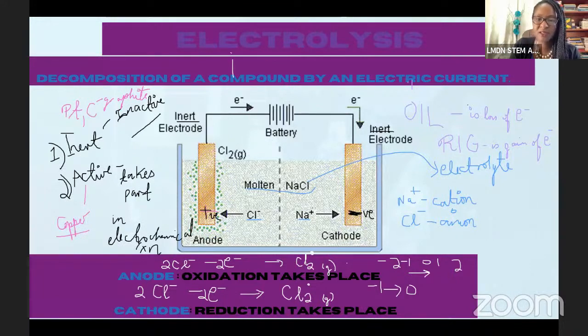Here we have our cation, that's Na plus. A cation is formed when we have more protons in the system than electrons, and that's because there was a loss of electron. That's why it got to that state, right?